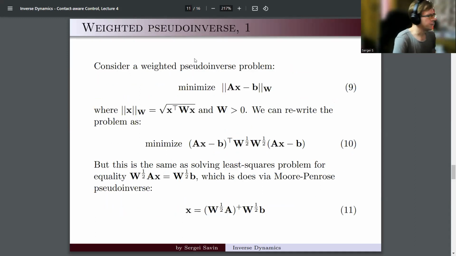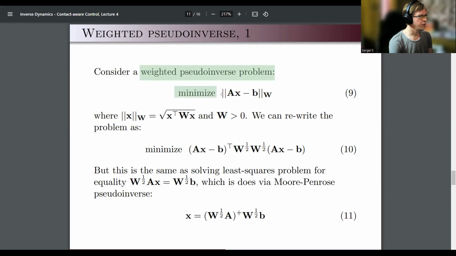Okay, so the weighted inverse. The weighted pseudo-inverse problem is a problem of minimizing this difference, Ax minus b, which is related to the equation Ax equals b.